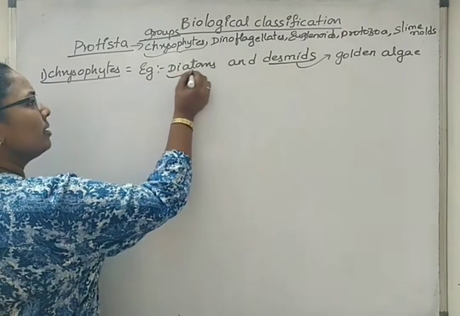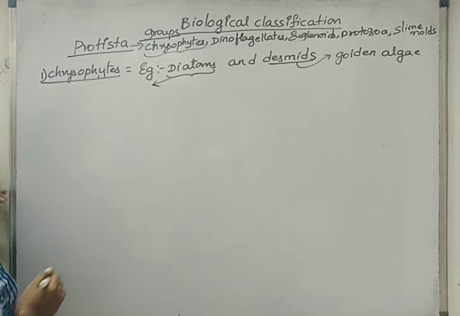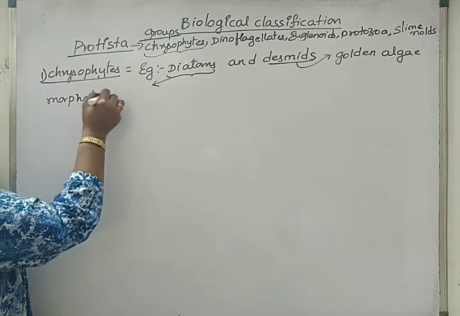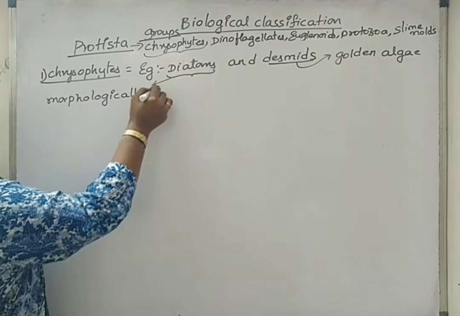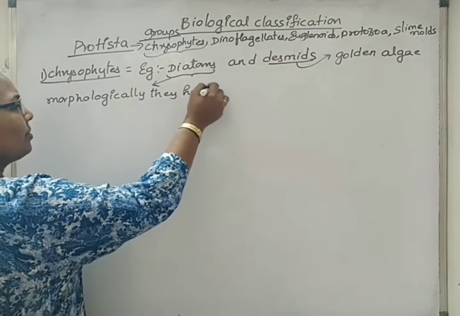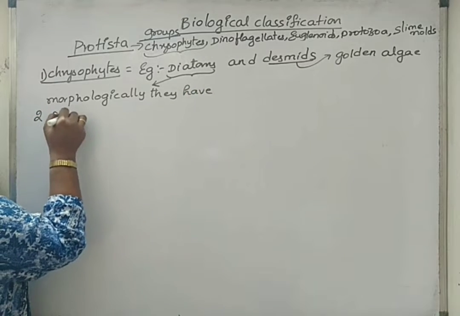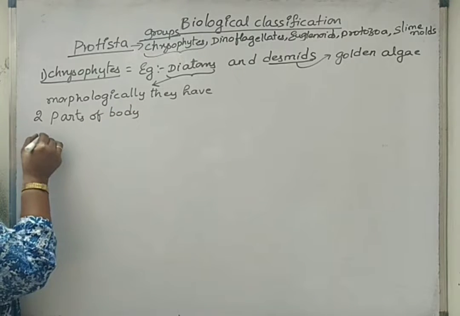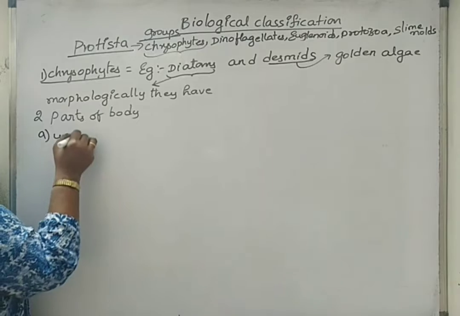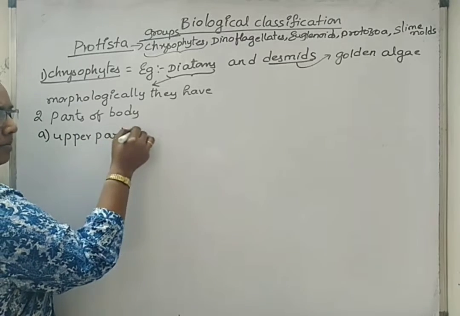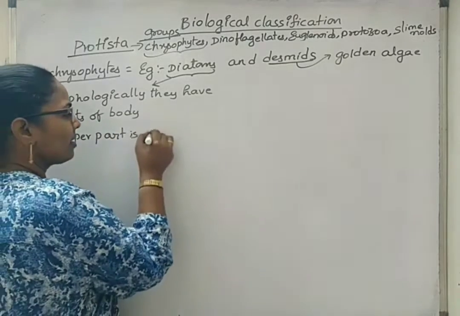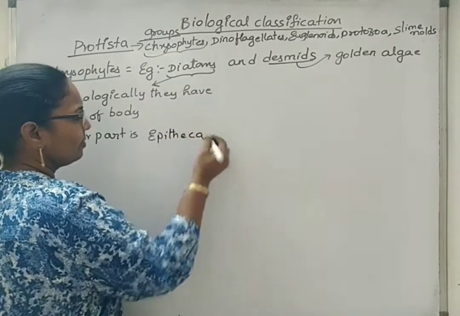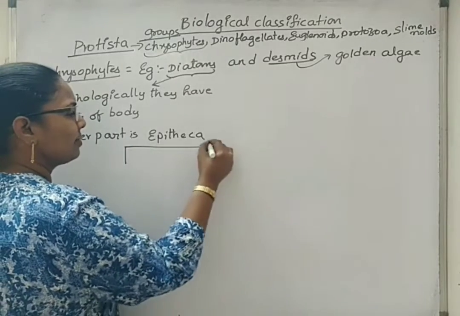Now we will see the shape of diatoms. Morphologically, they have two parts of the body. The first one, the upper part, is the epitheca. The shape is like this.